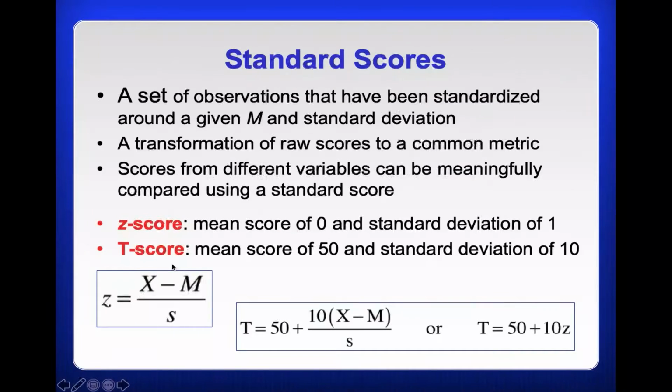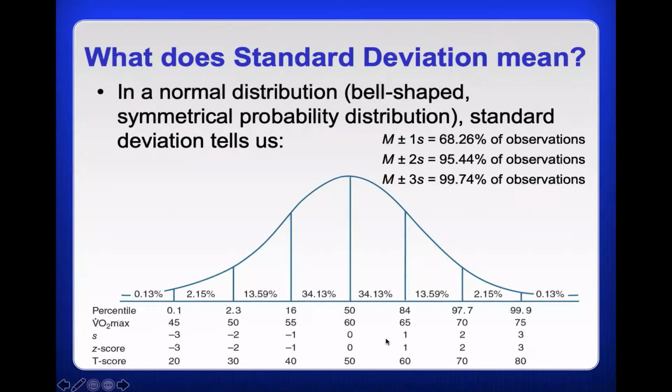Another commonly used standard score is the t-score. A t-score has a mean score of 50 and standard deviation of 10. So on the same chart, the mean is 50. 1 standard deviation to the right, you add 10. 2 standard deviations to the right, you add another 10. 3 standard deviations to the right, you add another 10.